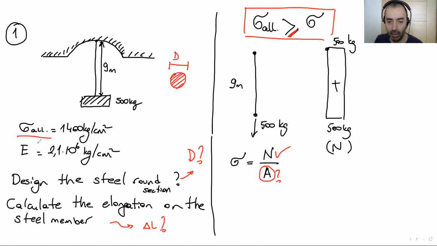So here, we are looking for A. Change the location of these two components here. A equals N over, put the sigma allowable here.